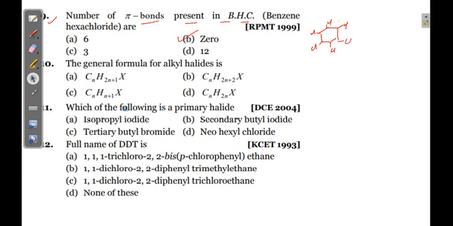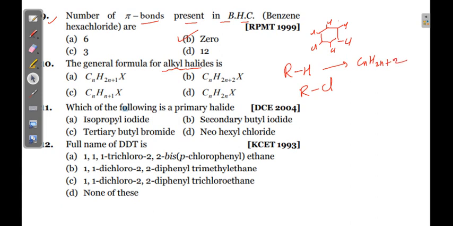Next, the general formula for alkyl halide. See, we know that this is the alkane. In the alkane, if one hydrogen is replaced by halogen, that is called alkyl halide. That means the alkane's general formula is CnH2n+2.